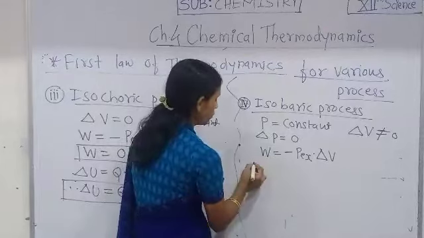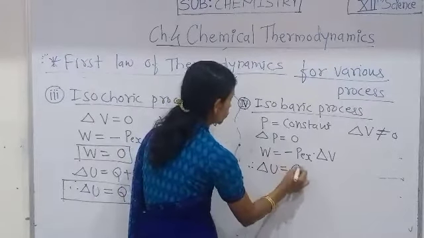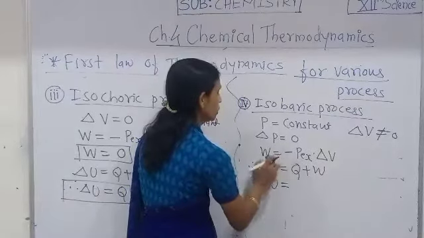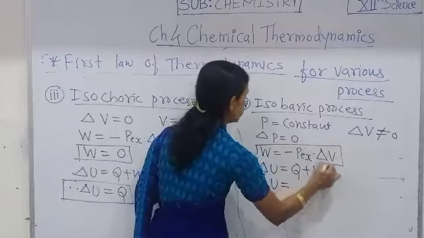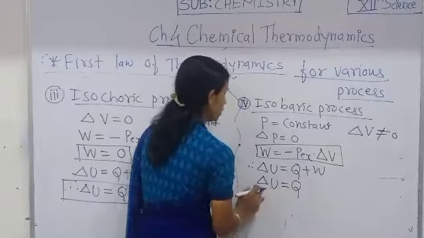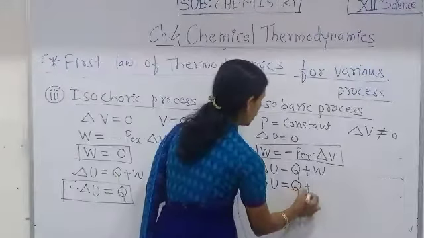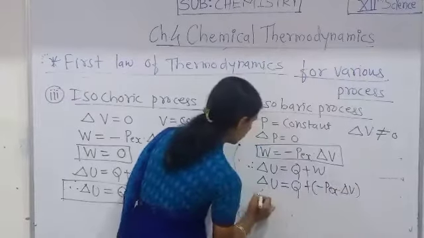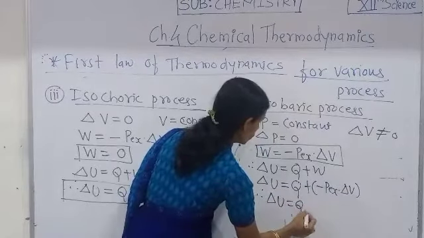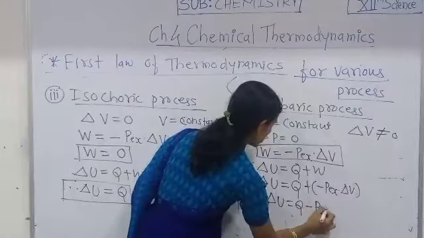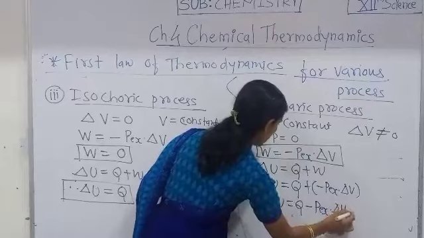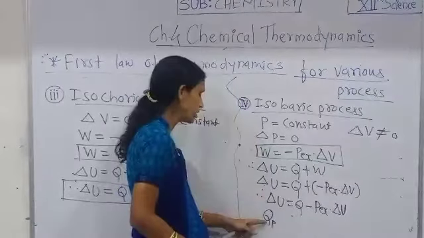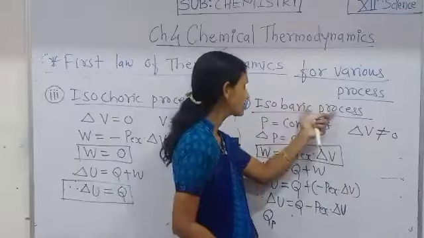And here therefore delta U is equals to Q plus W. Putting the value of W in this equation, the equation becomes delta U is equals to Q plus, that is minus PEX into delta V, and therefore delta U is equals to Q minus PEX delta V, and here we get QP, that is the heat transfer that takes place in the isobaric process.